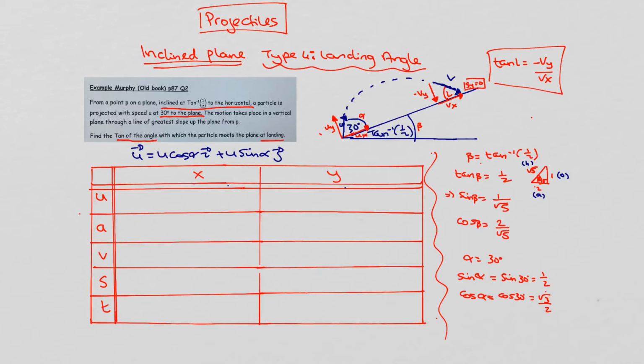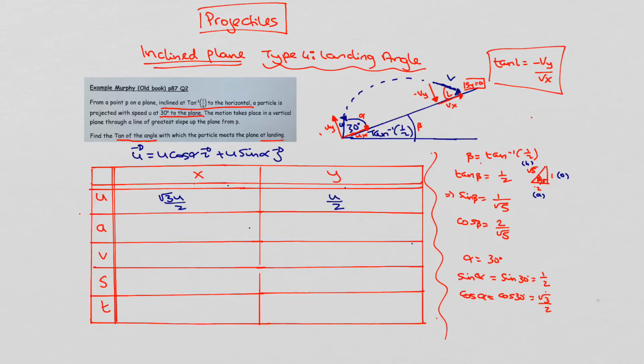So u cos alpha in the x direction, well, we saw that cos alpha is root 3 over 2, so therefore that's going to become root 3 u over 2. And in the y direction it's u sine alpha, so therefore that's going to be u times a half, in other words u over 2.